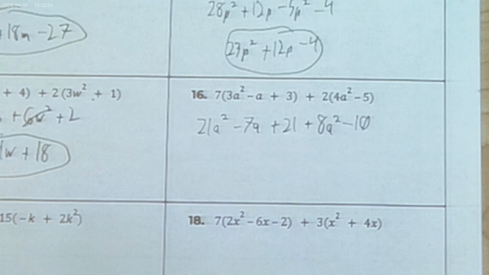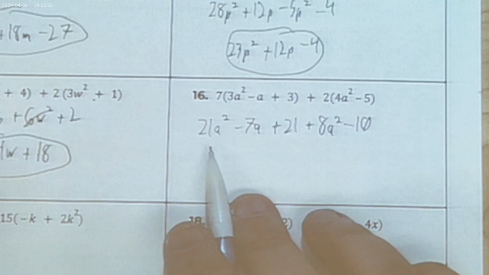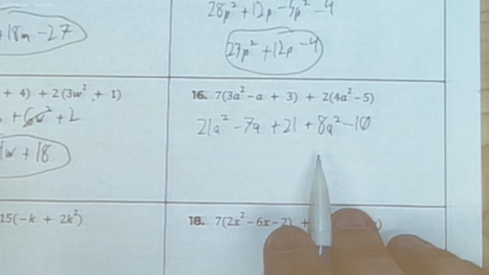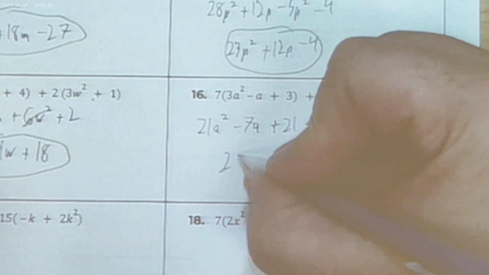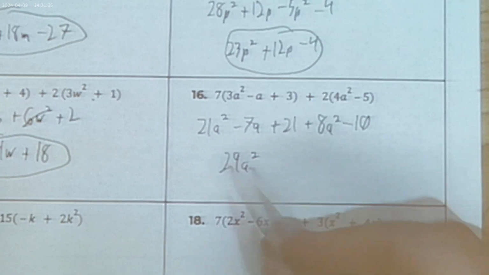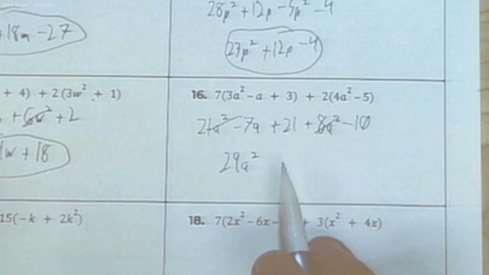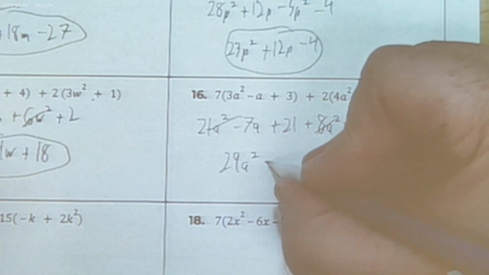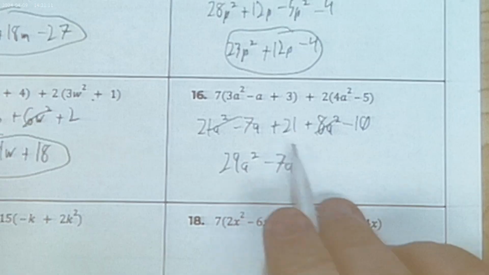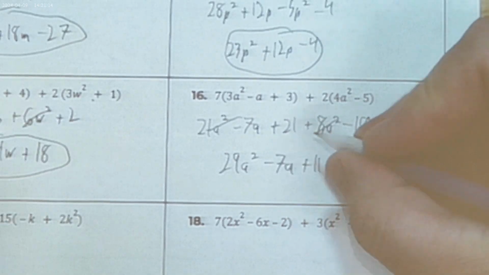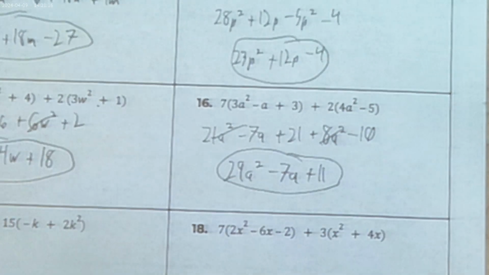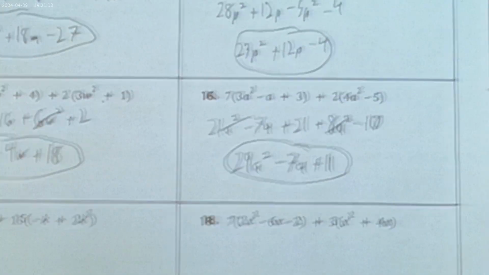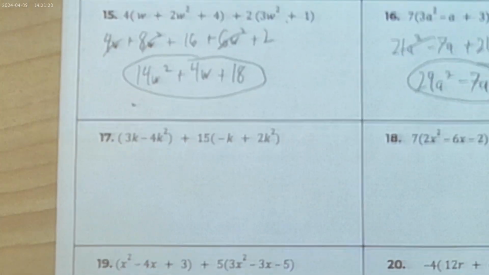So I've got 21a squared plus 8a squared. It's going to be 29a squared. And then minus 7a. And then 21 minus 10 is 11. All righty, we're just moving right along here.